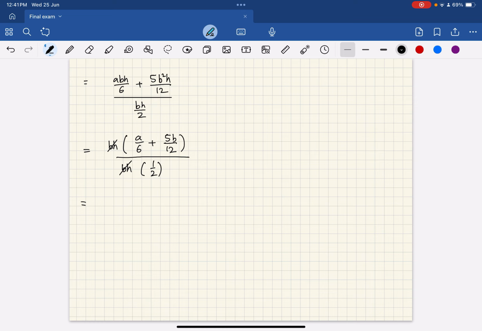We're left with A over 6 plus 5B over 12, and we multiply it by 2. I should get 2A over 6 plus 10B over 12. That gives me 1 over 3 A plus 10 over 12, which is how much? 5 over 6. 5 over 6 B.